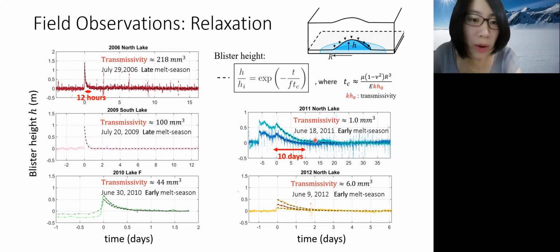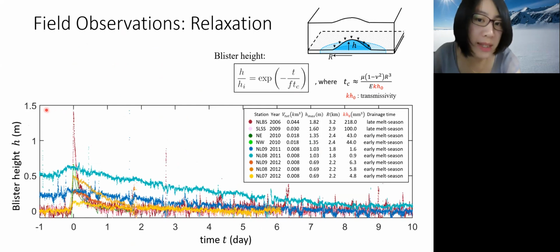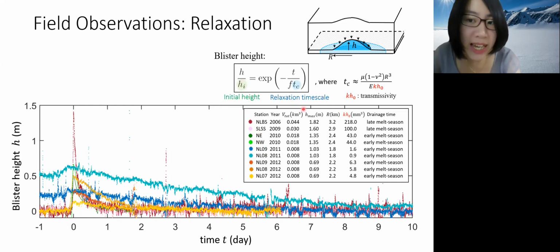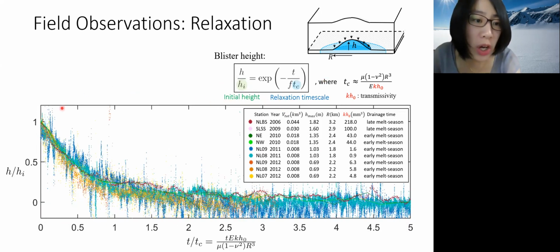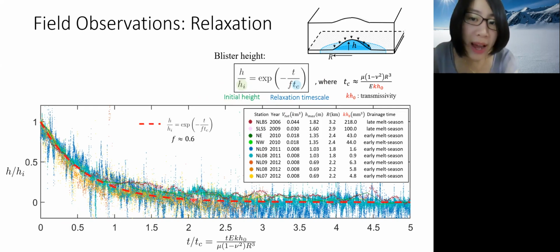So next, we put all this data set on the same plot. And again, this is the blister height that relaxes over time. And after we rescale the blister height with initial height and the time with the relaxation time scale, we show that the curves collapse onto a universal shape and can be described by our exponential solution.